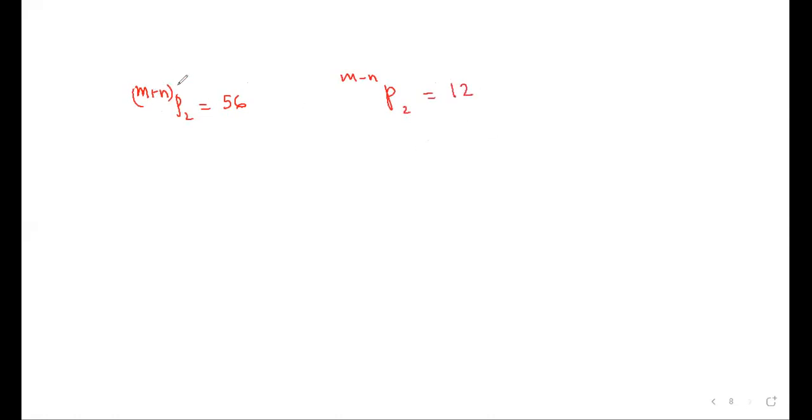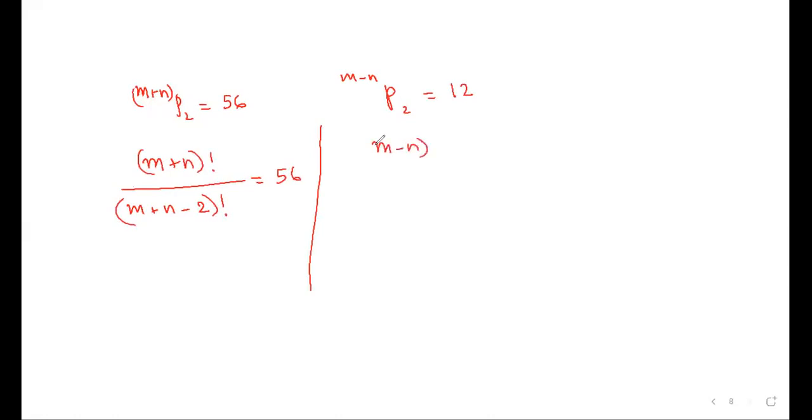So tell me how to write this (m plus n) P2. (m plus n) factorial divided by (m plus n minus 2) factorial. How will you write this one? (m minus n) factorial divided by (m minus n minus 2) factorial.